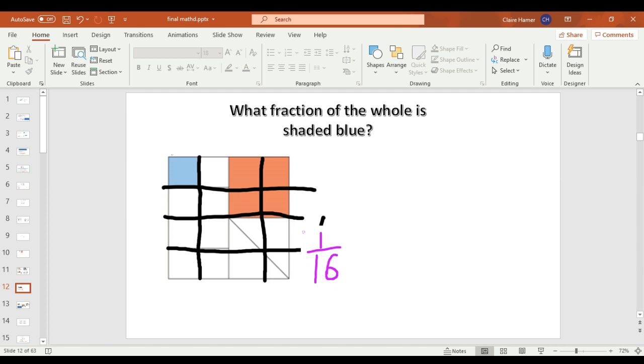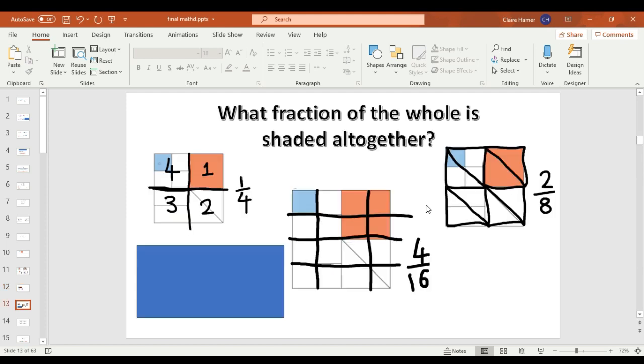So there's the 2 questions that have been completed. We need to do the third one now. What fraction of the whole is shaded all together? On screen, I have placed the red information that we had earlier. Which of these fractions will be best to use?